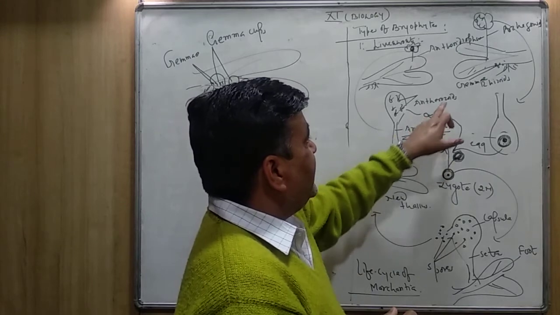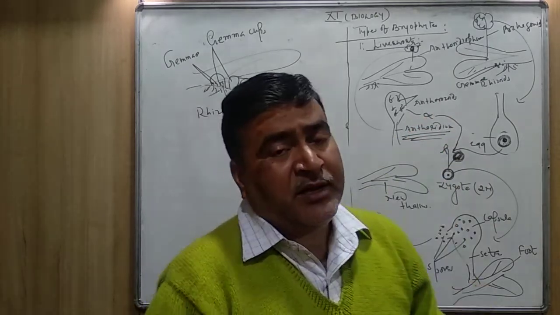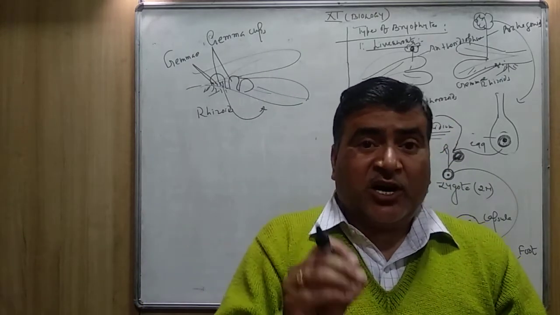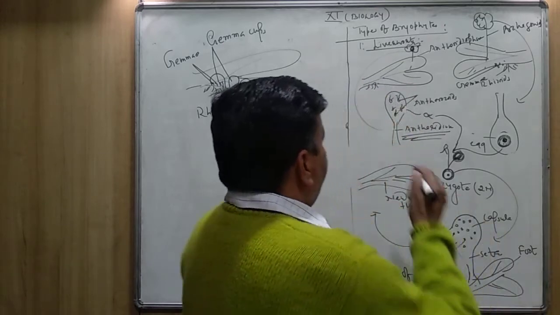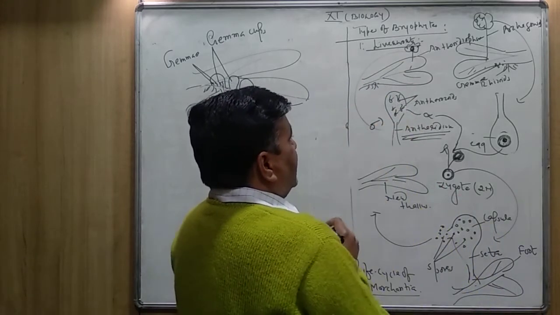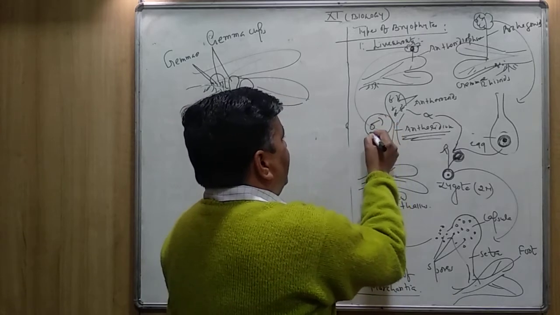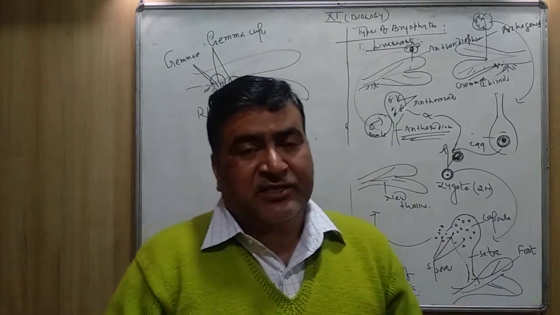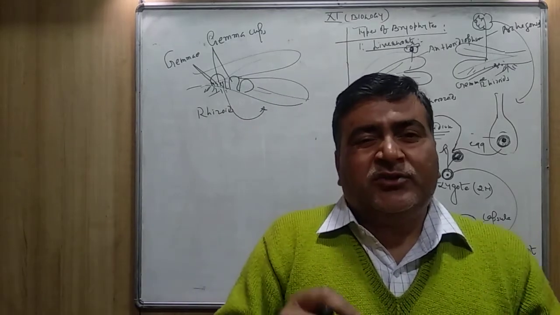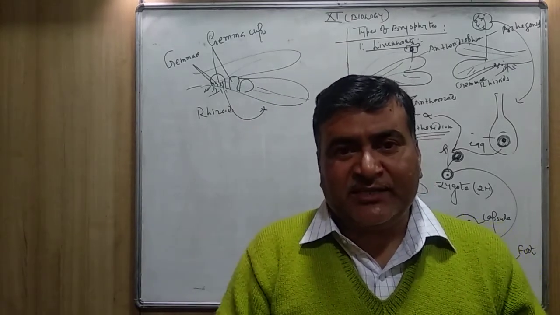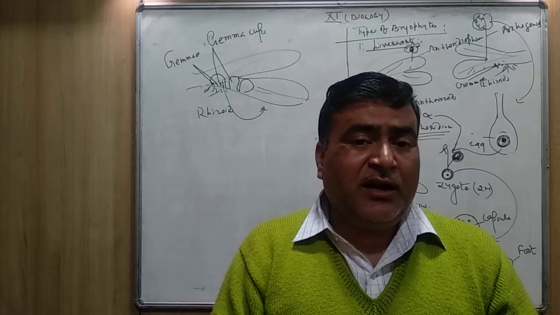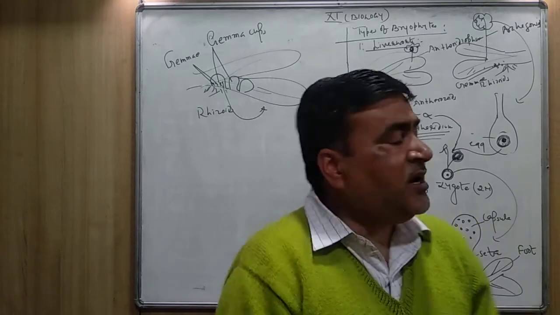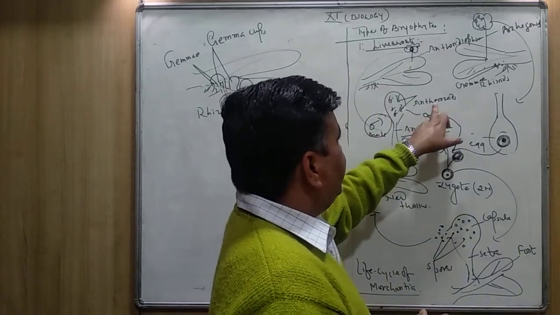It's very, very important that antheridium is the male sex organ. I am going to make the symbol here, male sex organ. This is the symbol of male. And inside the male sex organ, that is antheridium, so many male gametes are produced, and these male gametes are called antherozoids.